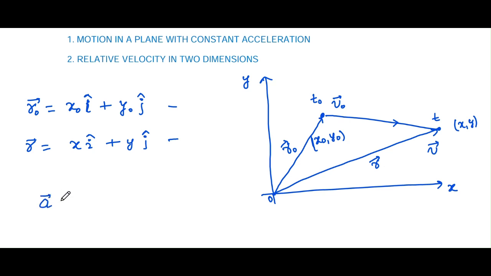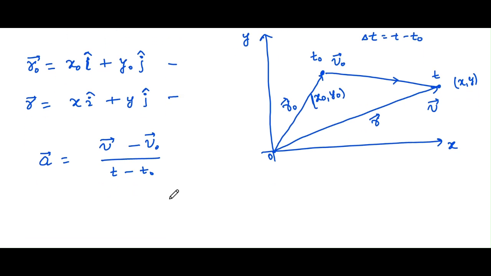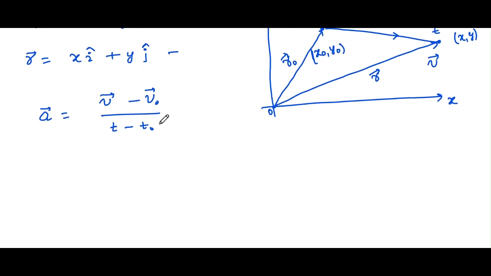Acceleration will be final velocity minus initial velocity by time interval. So from here to here, the time taken by the particle is t minus t naught. So we have acceleration, and we can say this is kind of average acceleration.